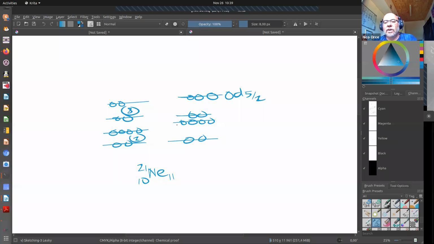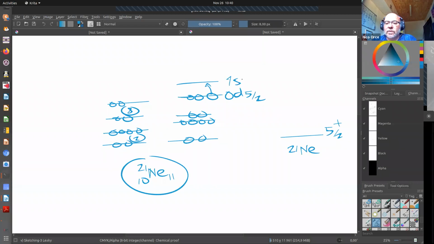So according to our spherical shell model, the neon 21 nucleus should have a first excitation of 5/2 plus, and the next one will be this guy coming here to a 1s 1/2, and then this particle moving up there, maybe 0d 5/2 to 3/2.